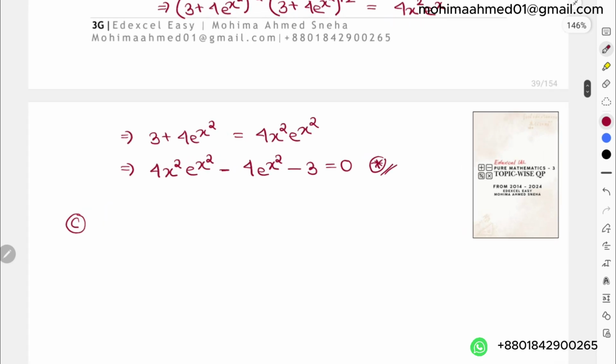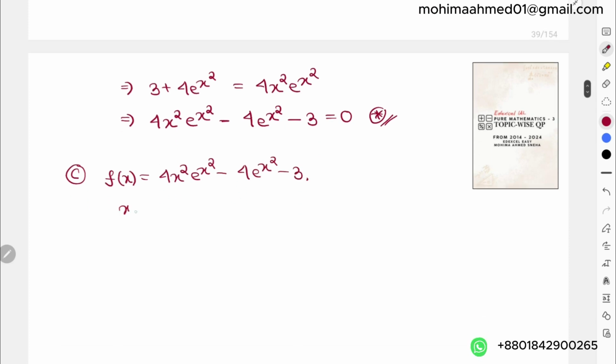For part C, we got the equation. I'm going to write this as f of x equals 4x squared e to the power x squared minus 4e to the power x squared minus 3. So you have to write when x equals alpha, then f of alpha was 0. That was the case.